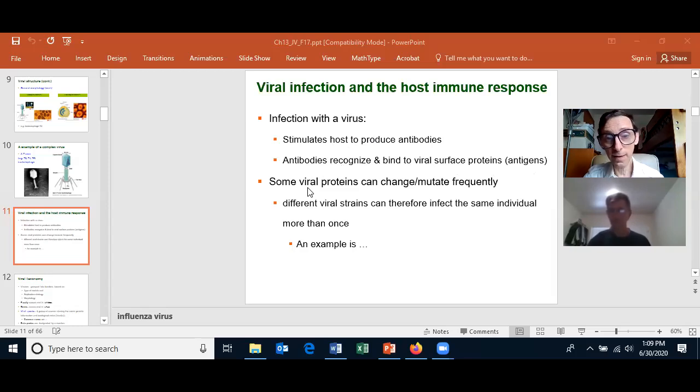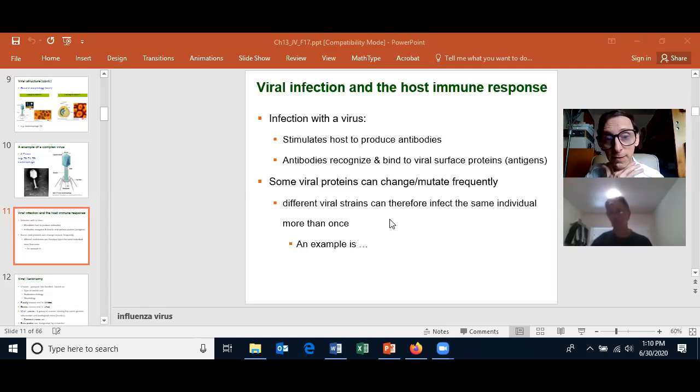Some viruses have ways to protect against that, and that is their viral proteins change or mutate frequently. Therefore, different strains of the virus can infect the same individual because the strains are different, and the host immune system will only react to the strain of the virus that infects you.